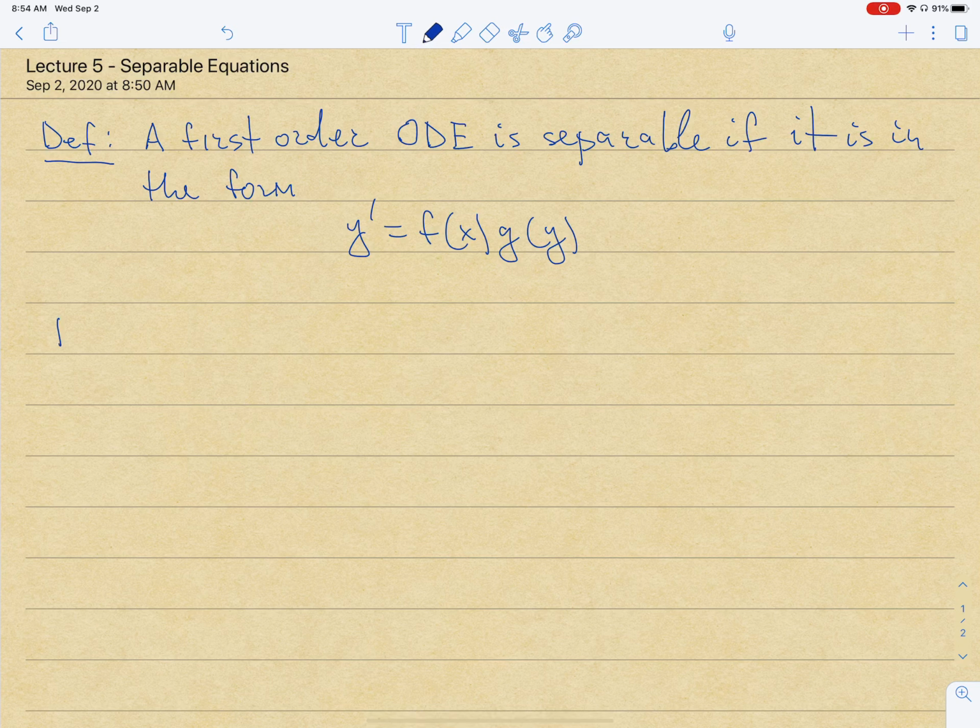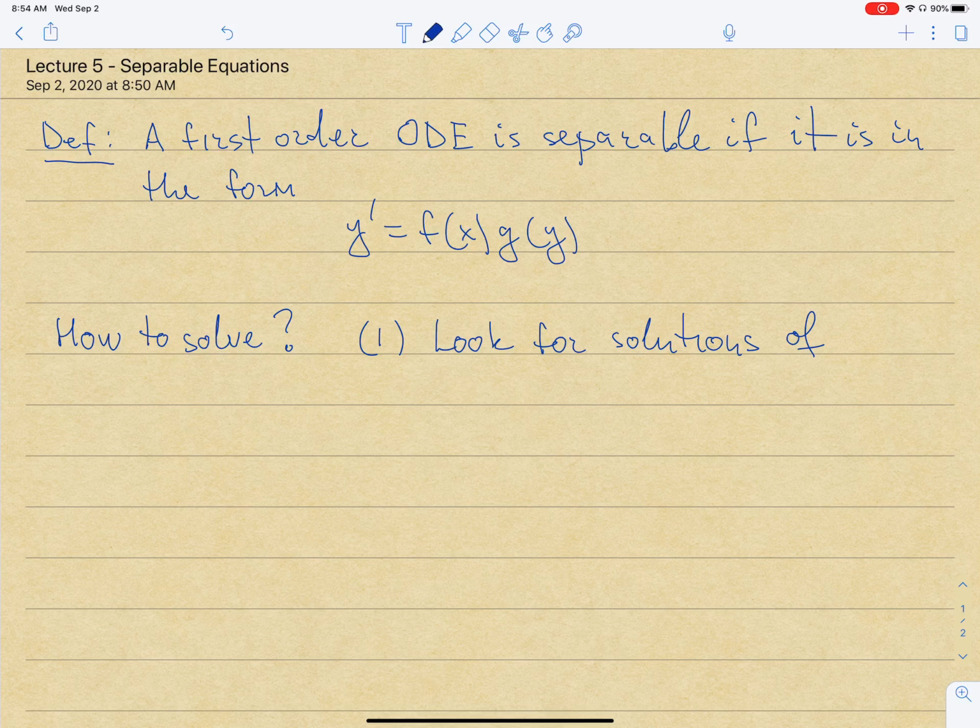So how would you solve an equation like that? Well, number one, we can try to look for solutions of the following algebraic equation, g of y equals 0.